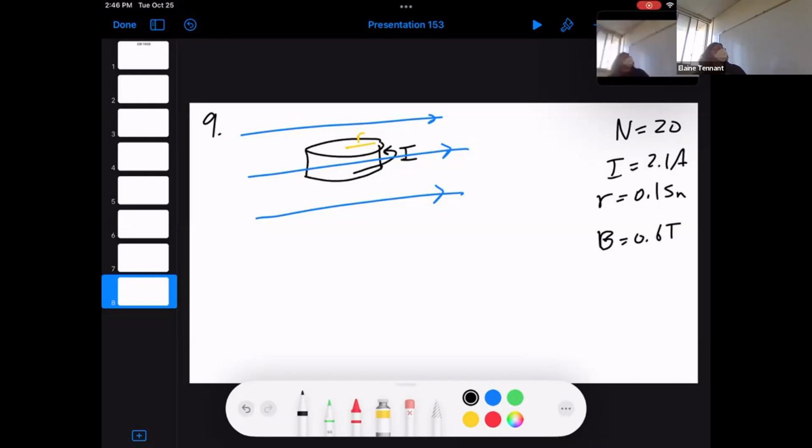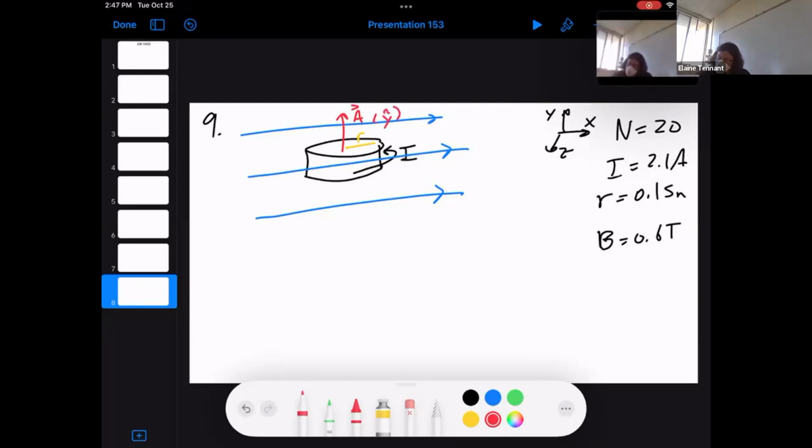First, which way is the area vector for this loop? It's up, because if you curl your fingers around the direction that the current's going, you get towards the ceiling. So we have an area vector going in the positive y direction.